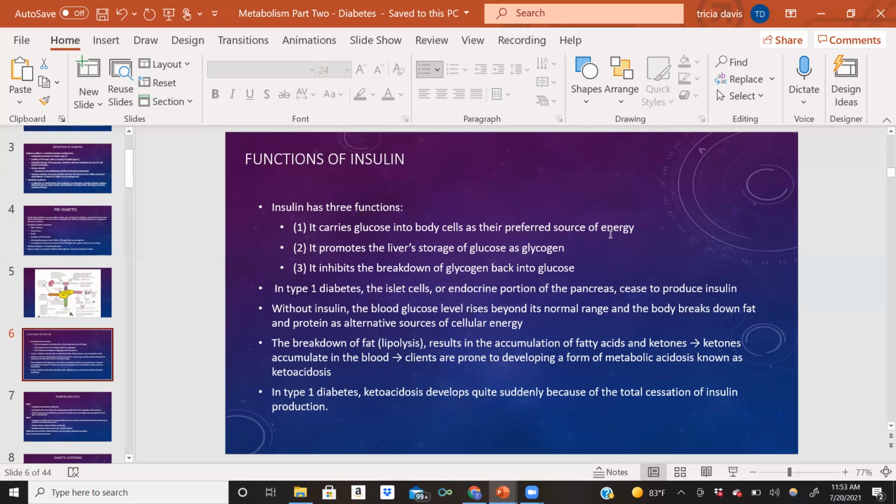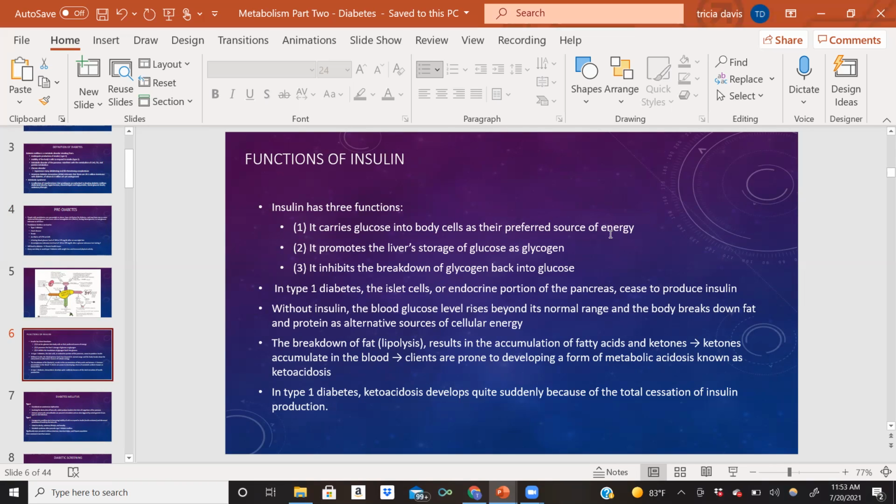When we see a patient that has type 1 diabetes, their islet cells, or the endocrine portion of the pancreas, do not produce insulin. So they don't make any insulin at all. Without the insulin in the body, the blood glucose levels are going to rise well beyond that normal expected range, and the body is going to start to break down fat and protein as alternative sources of energy.